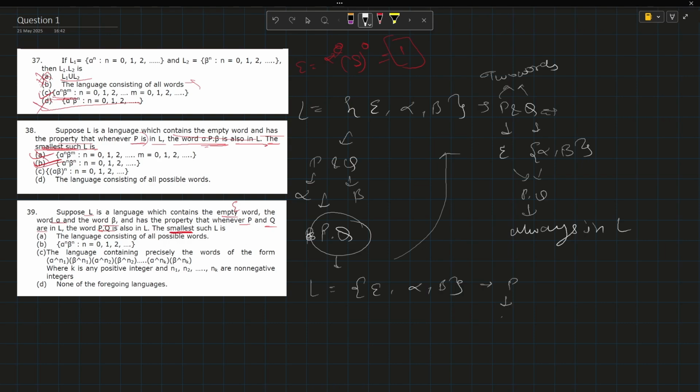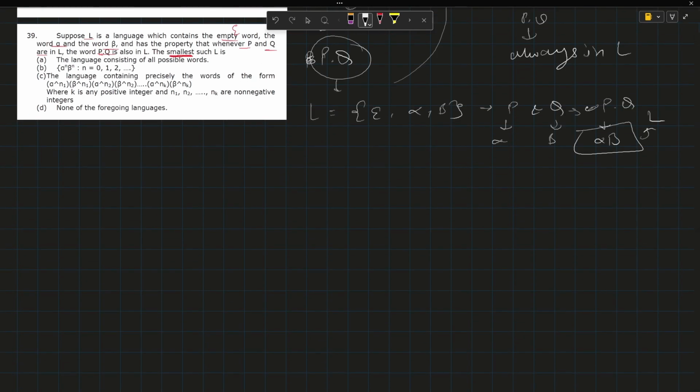Take P as alpha and Q as beta. So PQ is alpha beta, and it's also in L.